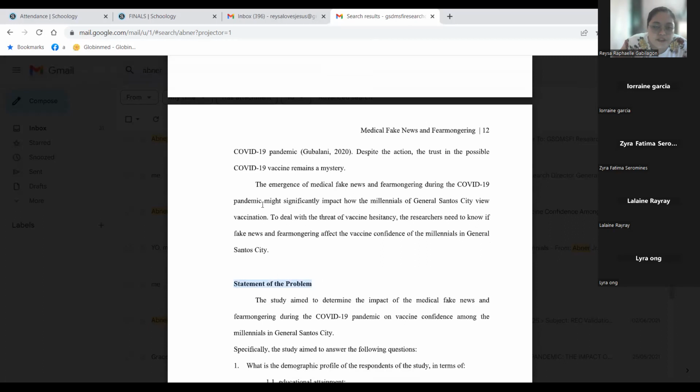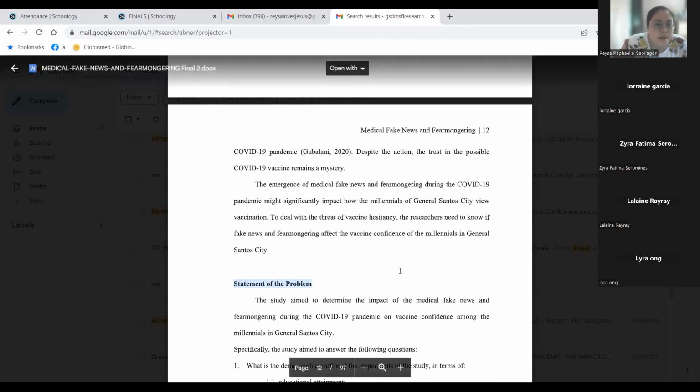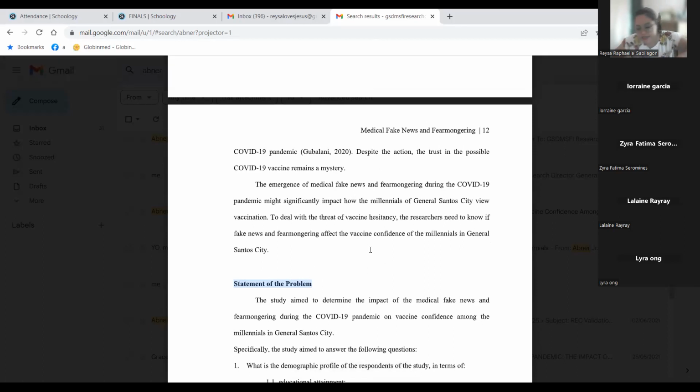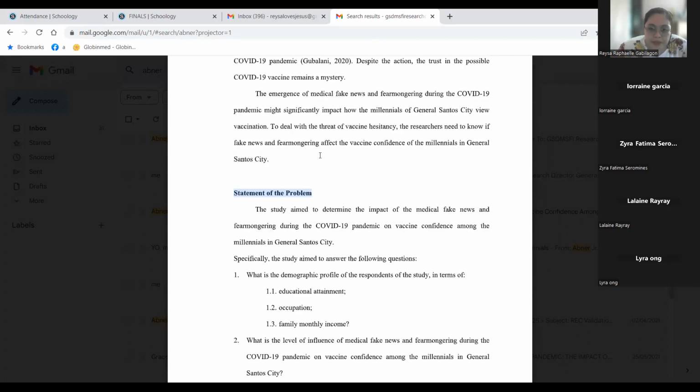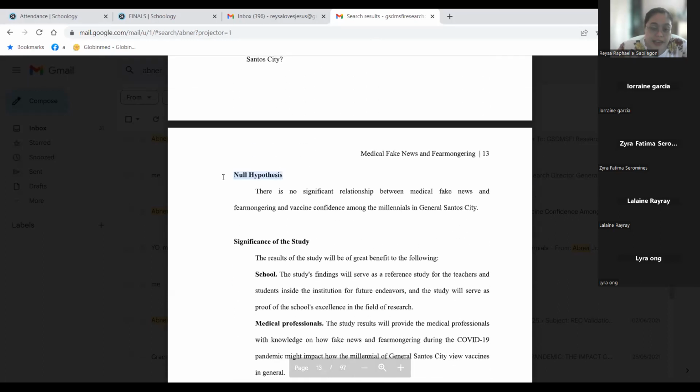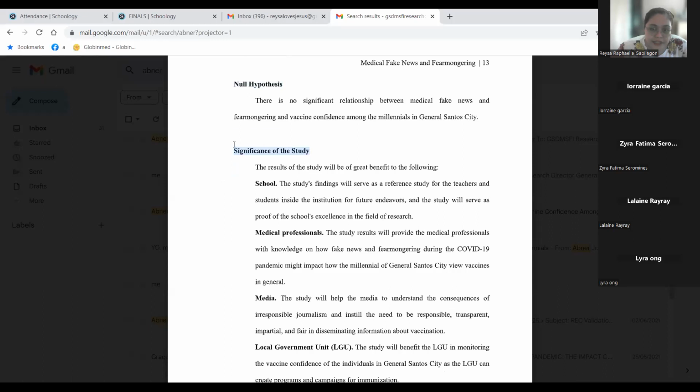Pag heading level 2, nasa right side na siya, pero naka-bold pa rin. And then, title case capitalization pa rin siya. So, yung first lang na letter statement of the problem, the major words. Ito second, heading level 2 pa rin.